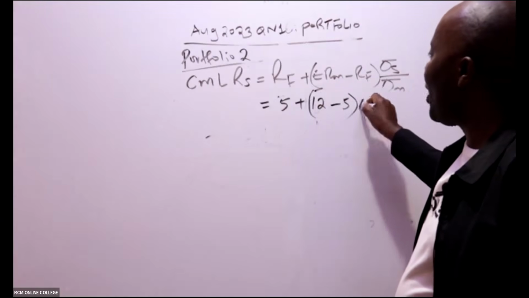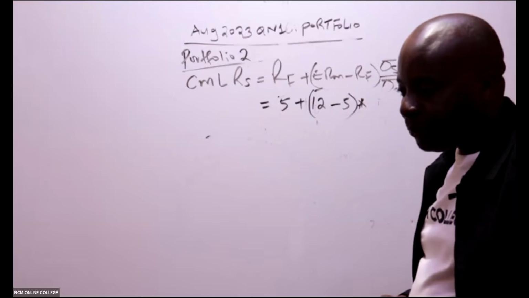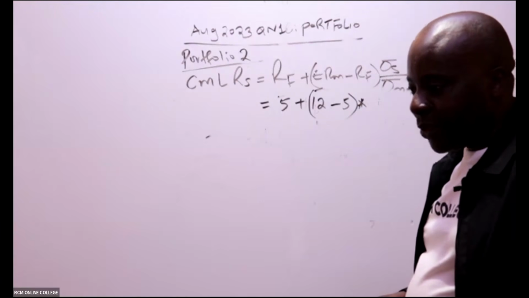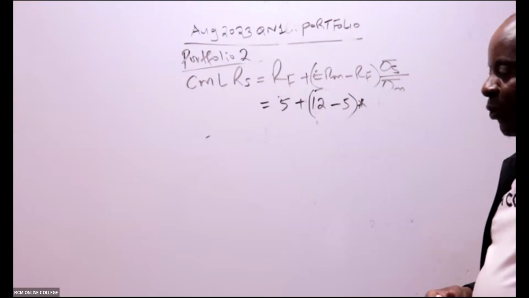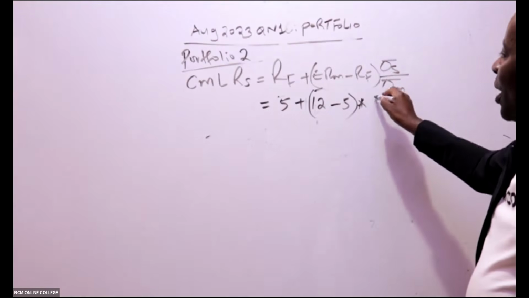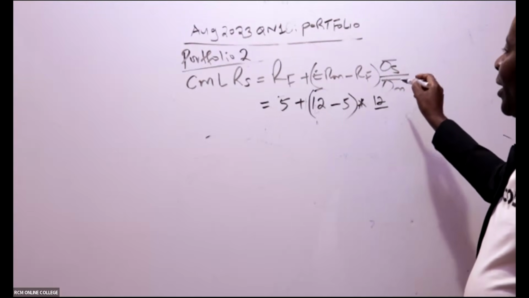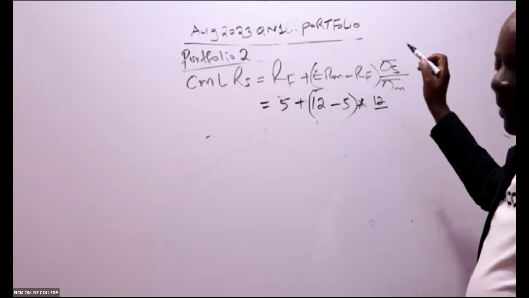But now I have to be very careful with the standard deviation of portfolio 2. Is there somebody who is able to see the standard deviation of this portfolio? Standard deviation of the second portfolio is 12. That changes. Divided by the standard deviation of the market. Standard deviation of the market remains the same.